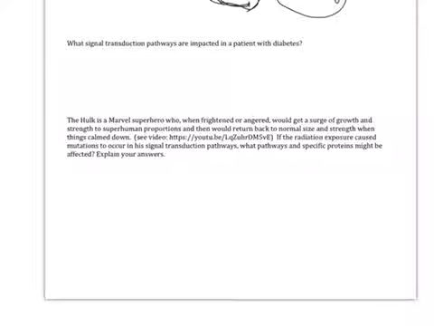So that's one of the obvious pathways that would be impacted in a person with diabetes. Now, some of the insulin receptors can also be linked to the MAP kinase pathway, which can lead to cell division, etc. But that can't be activated either if you're not getting binding to the insulin receptor.